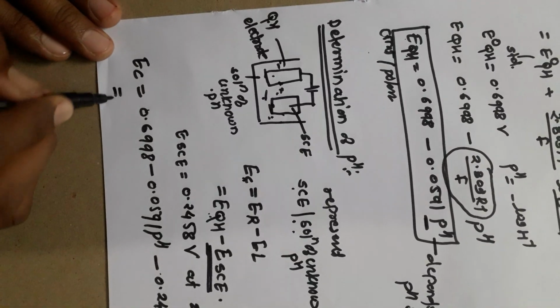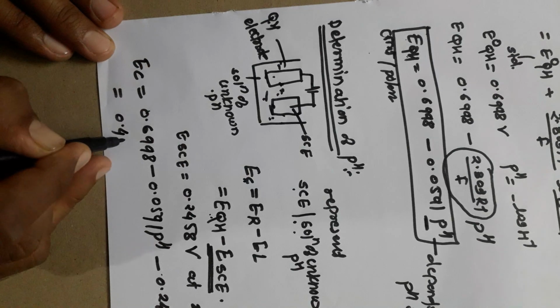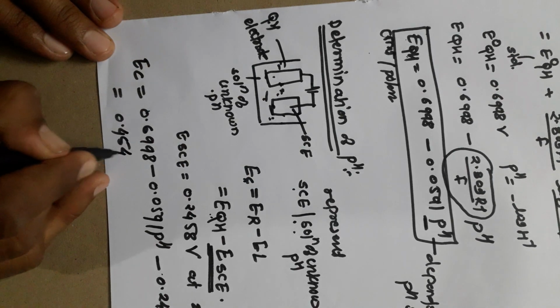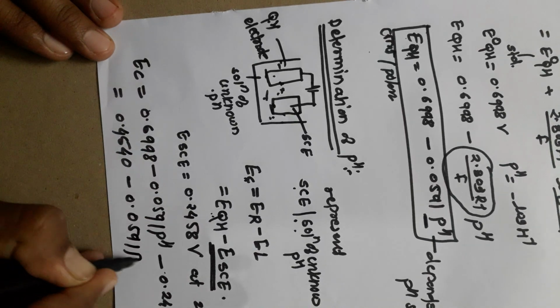Then it is equal to 0.4540 minus 0.0591 pH.